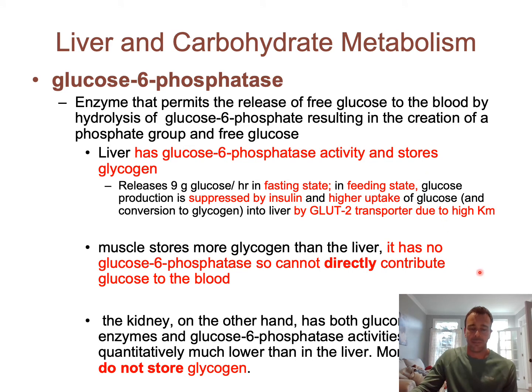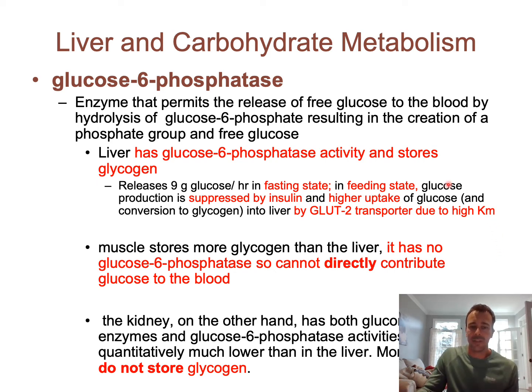The muscle itself stores more glycogen than the liver. It has no glucose 6-phosphatase activity, so muscles cannot directly contribute to glucose in the blood, whereas in comparison, the kidney has both enzymes that can make glucose as well as glucose 6-phosphatase activities, but they are much lower than the liver, and kidneys do not store glycogen.